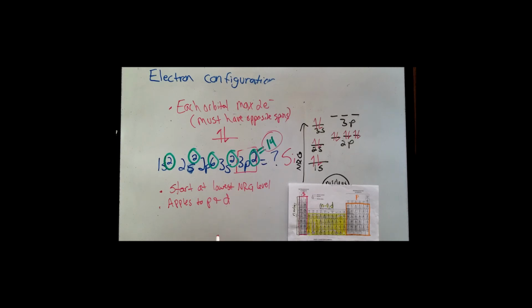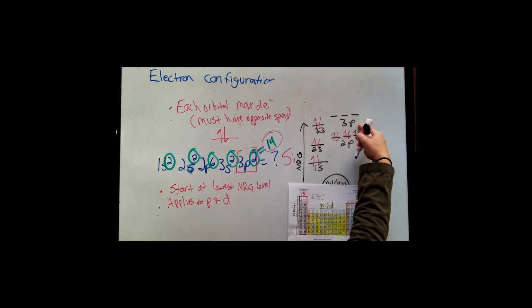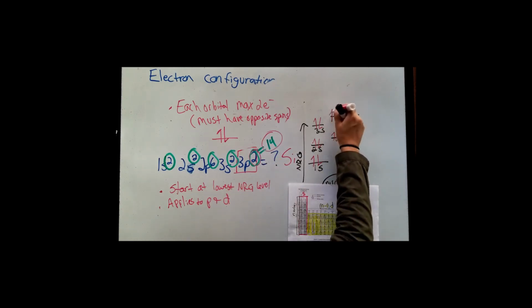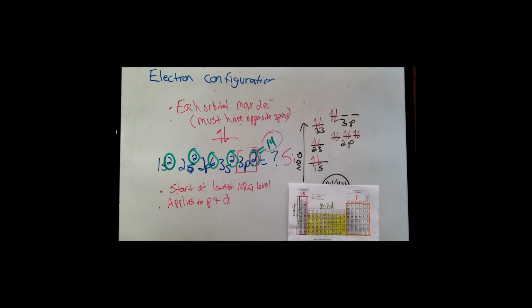And that is that when you are filling a p or a d, you always want to spread apart the electrons as far as possible before pairing them up. So what I mean is, I have these 2 electrons. What I don't want to do is put both of them together in one empty space.